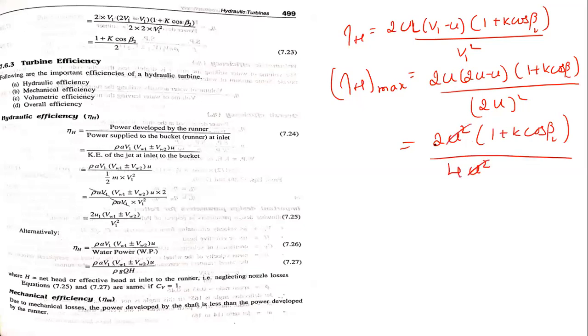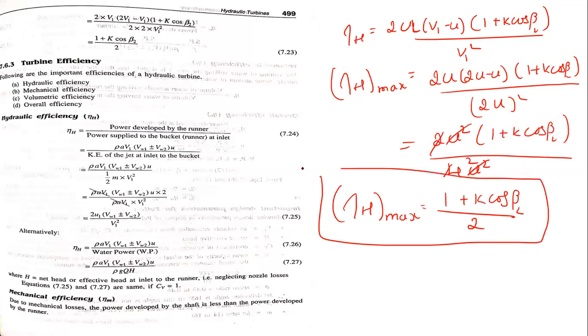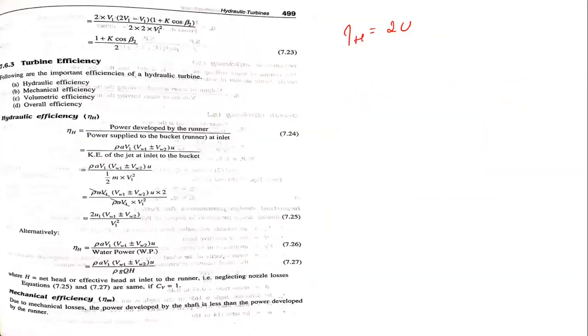U square goes off, 2 ones are 2, 2 twos are 4. So the maximum hydraulic efficiency is 1 plus k cos beta 2 whole divided by 2.